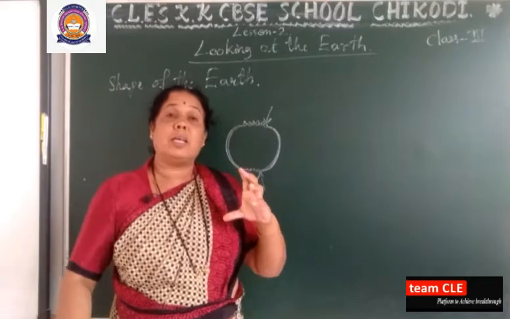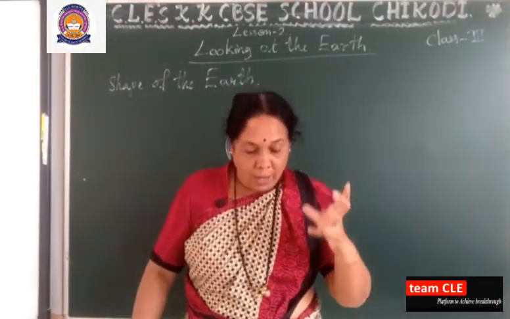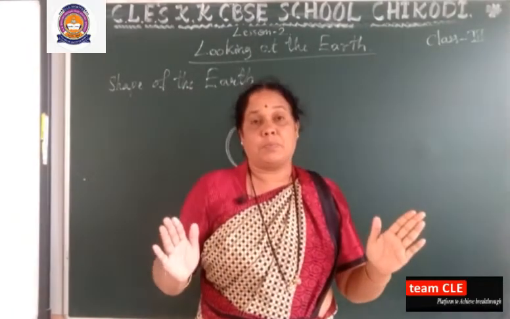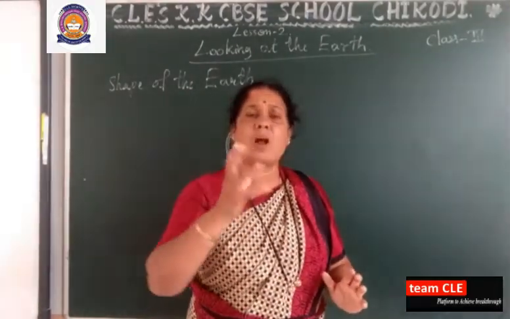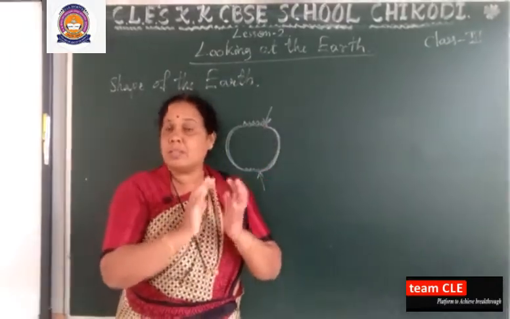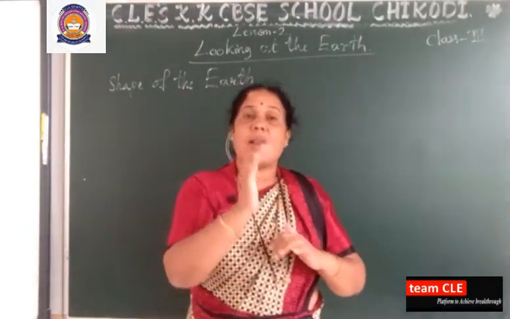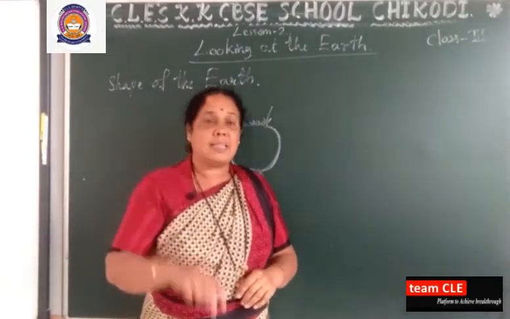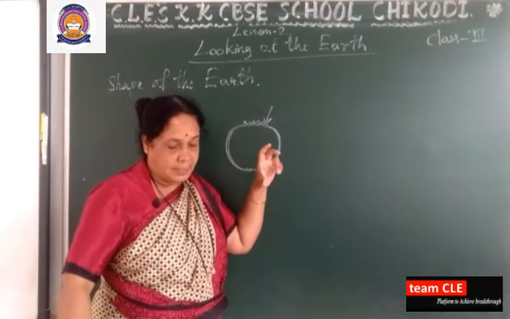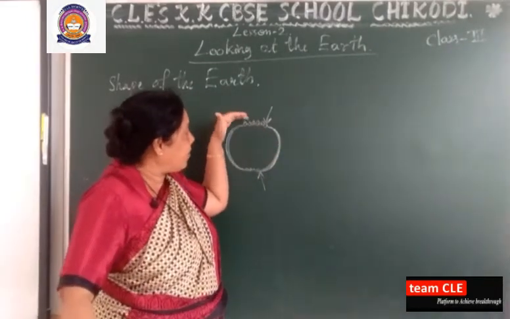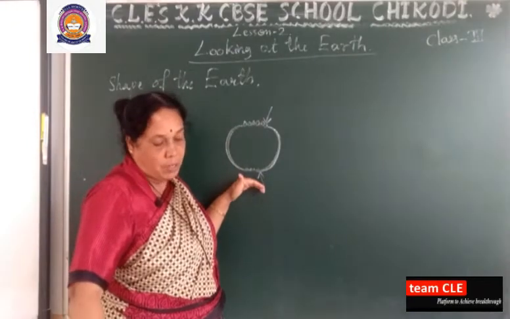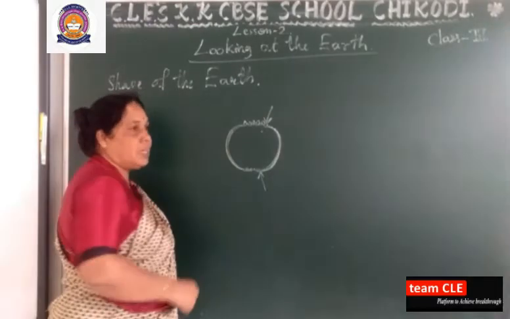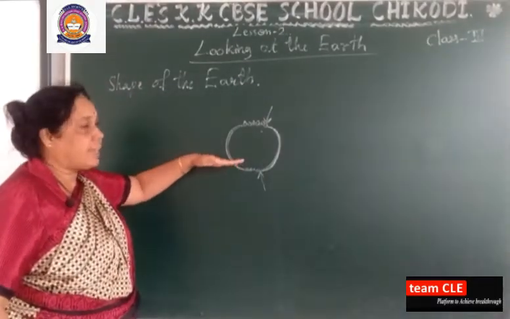So our earth is also like an orange, however it is not perfectly round like a ball. It is round like an orange and spherical in shape. It is slightly flat at the top and at the bottom, and has a bulge in the middle. Yes, dear students, our earth is like this.